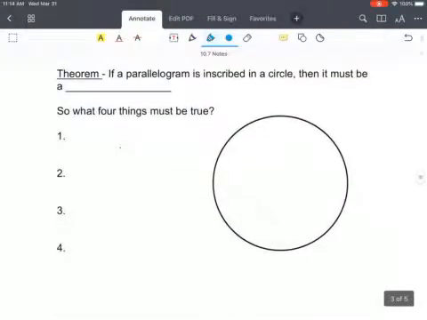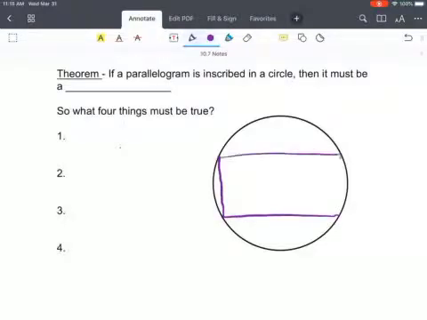Another thing that is unique when it happens is if we say that a shape is a parallelogram inscribed in a circle, so we have both pairs of opposite sides parallel, the only way that we can draw that, because it's restricted within a circle, is that it has to be a rectangle. There is no other way to draw a parallelogram within a circle. So because of that, some other things must be true.